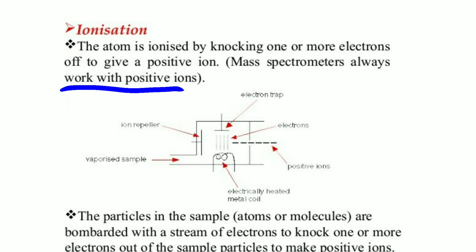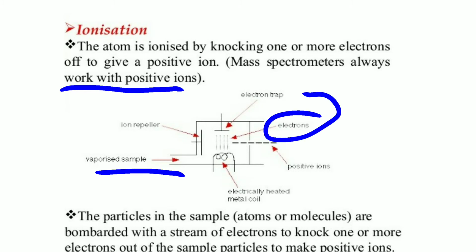And what happened here? Here is the electrically heated metal coil, where whenever we pass the organic sample, it gets vaporized by using this electrically heated metal coil. And here there is a bombarding of the electrons which takes place. This is the electron beam.